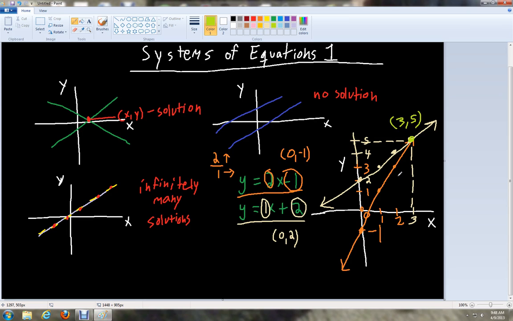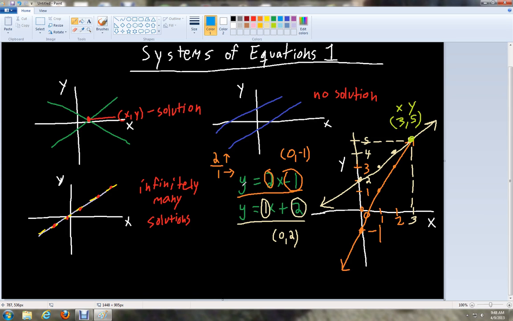There is a way to check this algebraically. You can plug in your x value of 3 and your y value of 5 into both equations and make sure the equations hold. Let's do that for practice.